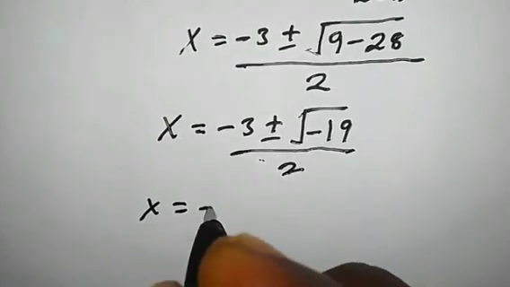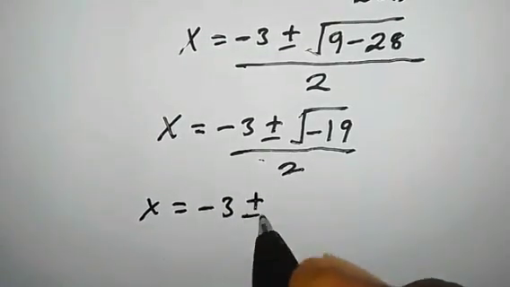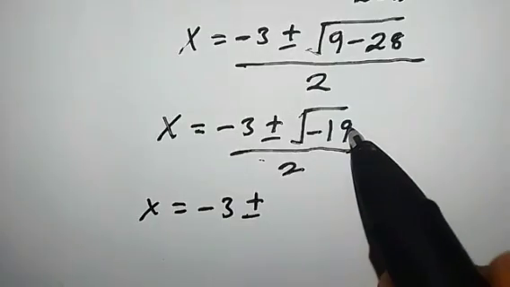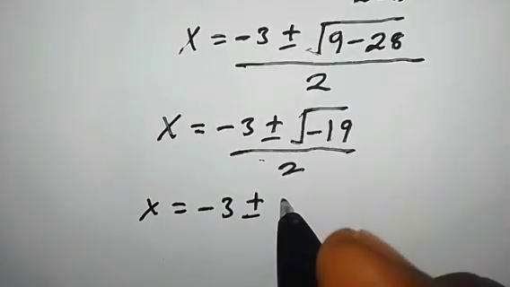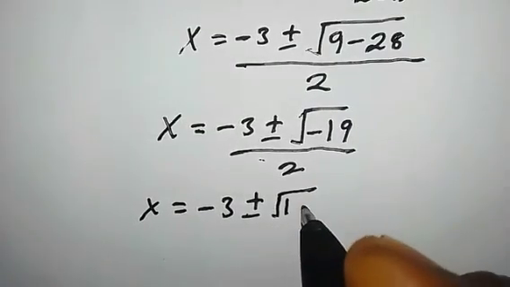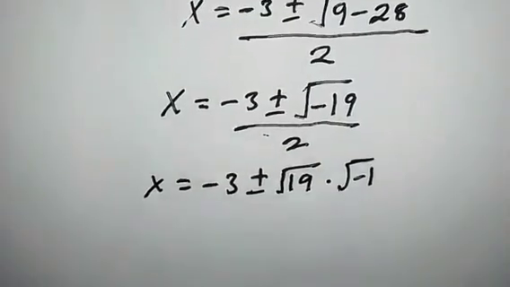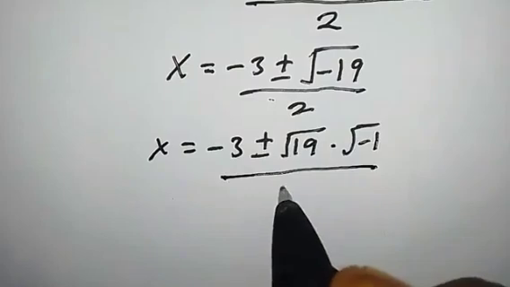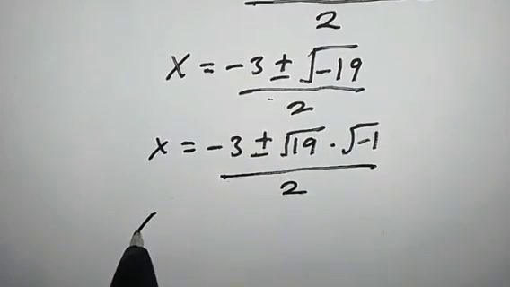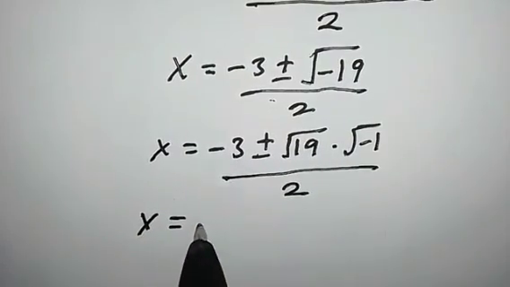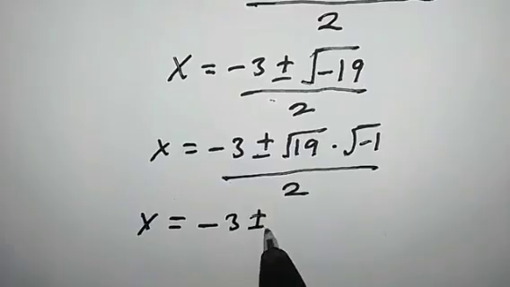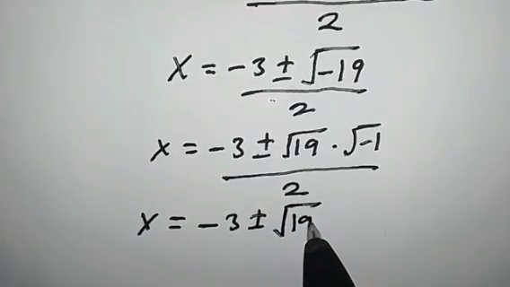x equal to minus 3 plus or minus, I can rewrite square root of negative 19 as square root of 19 times square root of negative 1, divided by 2. So x equal to minus 3 plus or minus square root of 19.